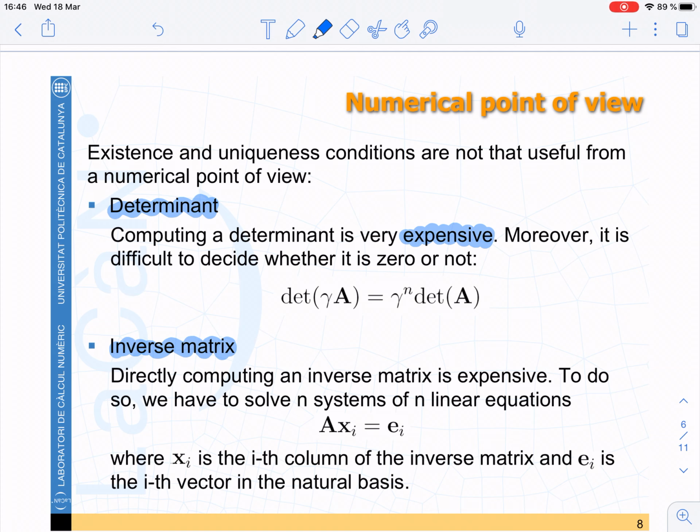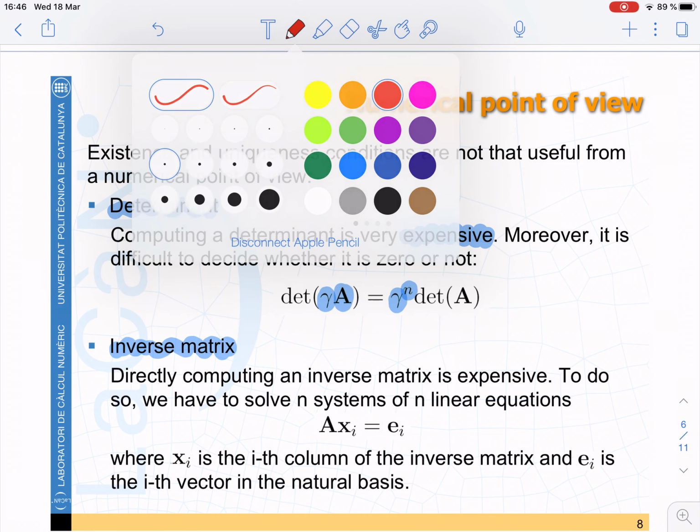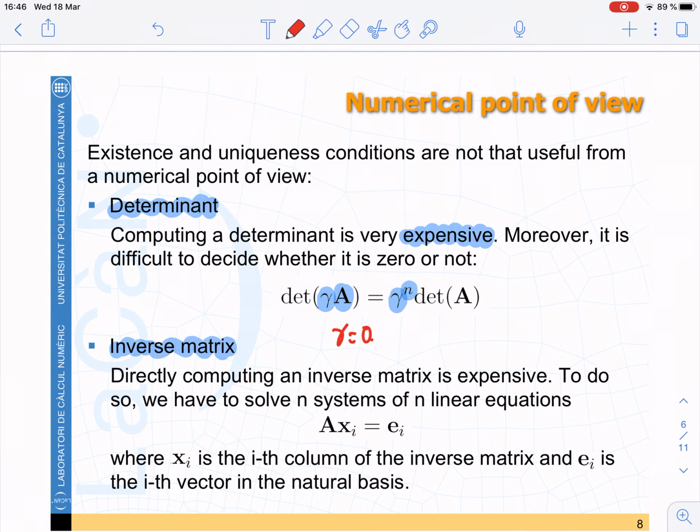Note, for instance, that the determinant of a matrix A multiplied by a scalar gamma equals gamma to the power of n, n being the problem dimension, times determinant of A, which means that if gamma is, say, 0.1 and n is large, gamma to the power of n may be a very, very small number.